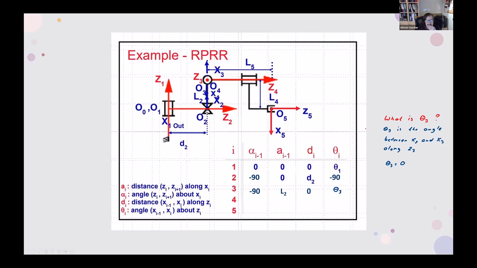And it should be along x2. So if I use the right hand rule again, the x2 is upwards, but my thumb is going to show downwards. So it is minus 90.